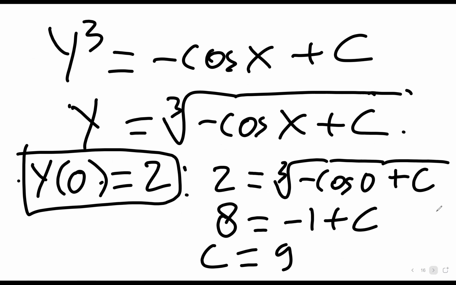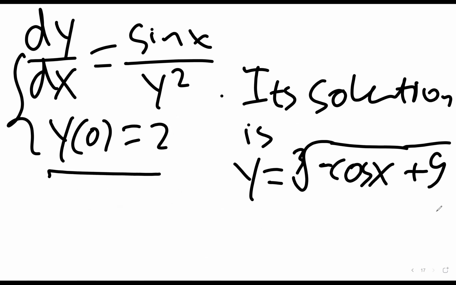For example, if x equals 0, y equals 2, so 2 equals the cube root of minus cosine 0 plus c, that is, minus 1 plus c equals 8, and c equals 9. Then the solution with the additional information is y equals the cube root of minus cosine x plus 9. So that's the idea for differential equations.